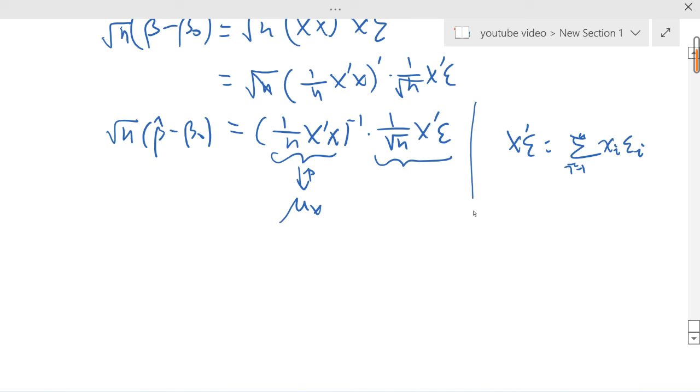So now we need another powerful tool, which is called the central limit theorem.